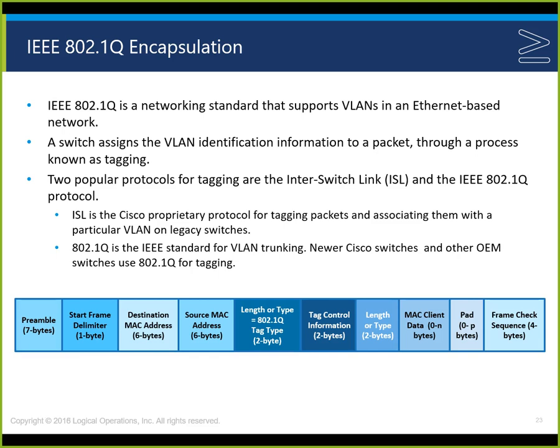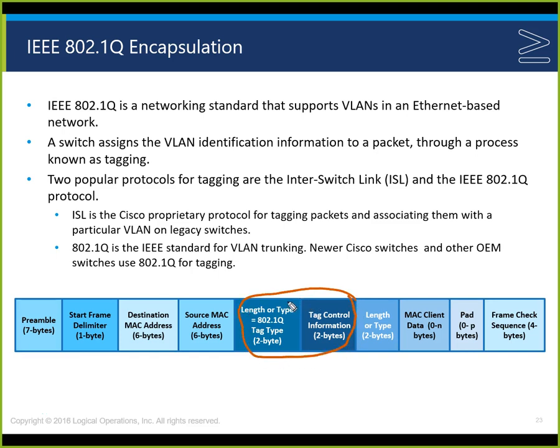802.1Q encapsulation is the standard which is used, and we've been talking about how we add the trunking information before it goes into the switch and then take it out at the other end.